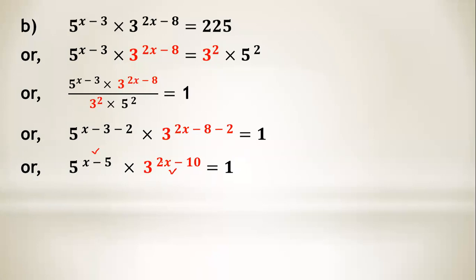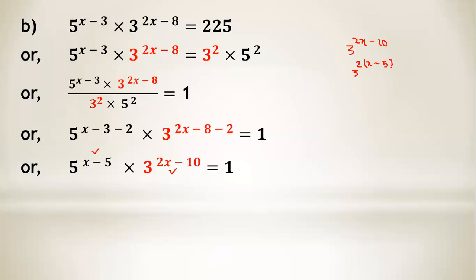Yes, that means if you take out 2 common from the power of 3, then the remaining will also be x minus 5. So there is 3 to the power 2x minus 10, and if we take 2 common, the remaining will be x minus 5.